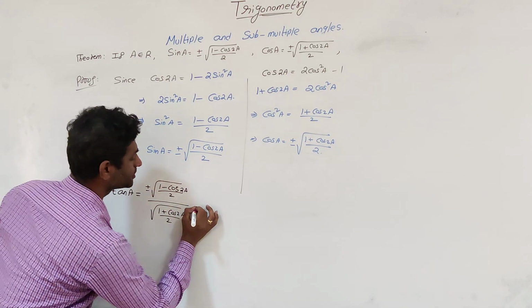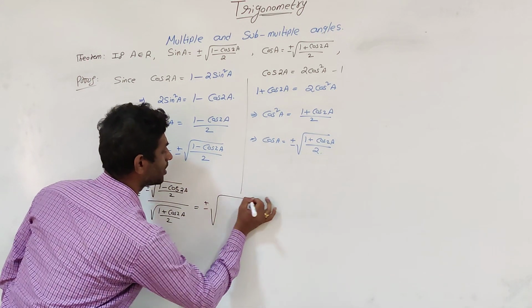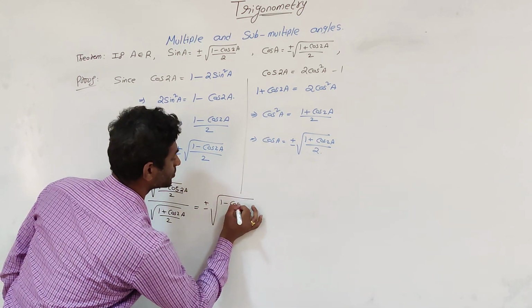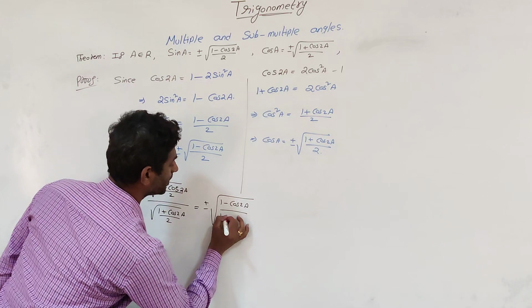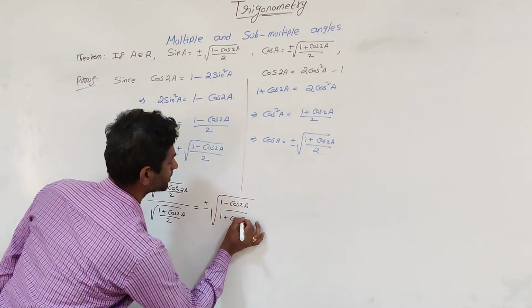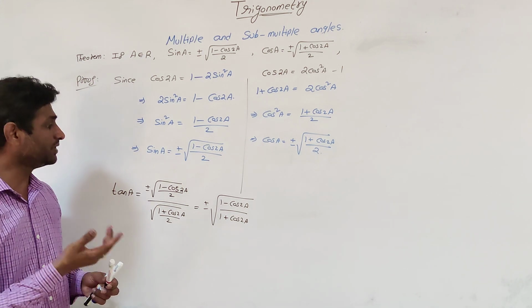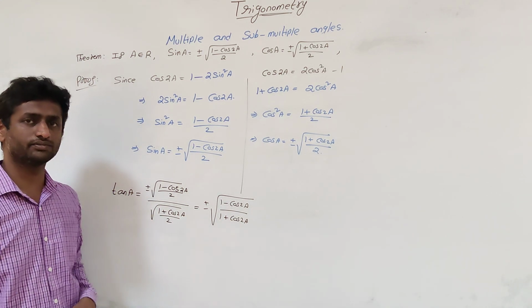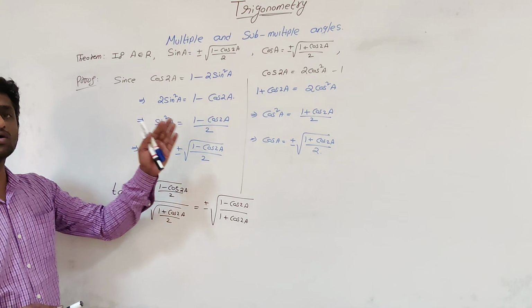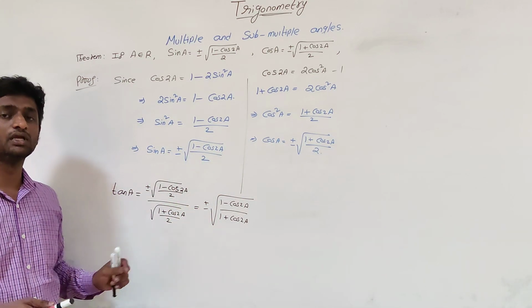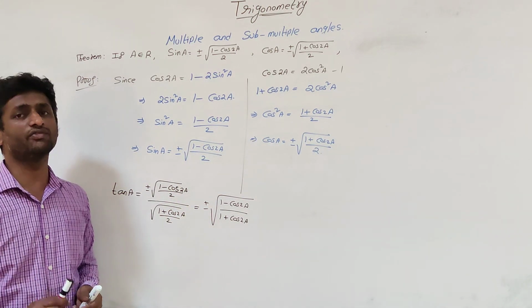And this gives plus or minus under root of 1 minus cos 2a by 1 plus cos 2a. Means one angle can be written in the form of double angle, that is sin a, cos a and tan a. Similarly, we can write in terms of half of the angle also.